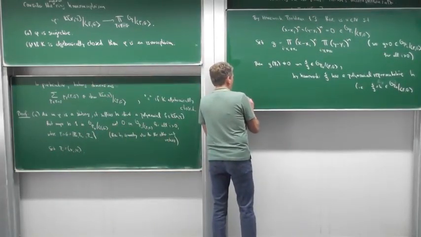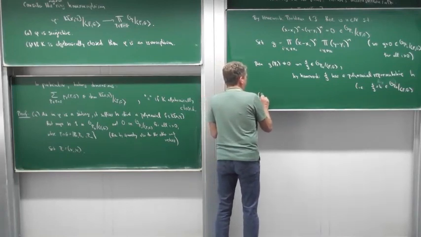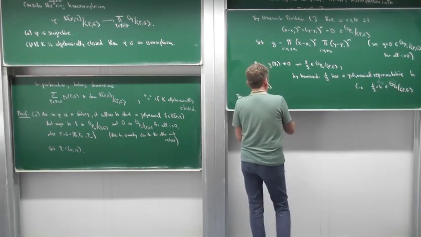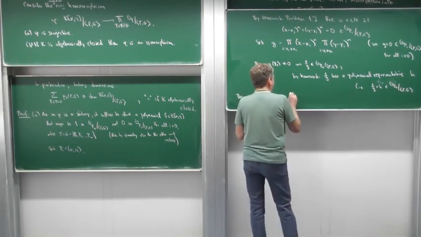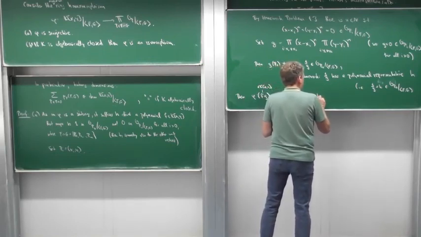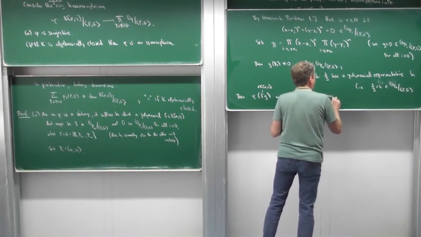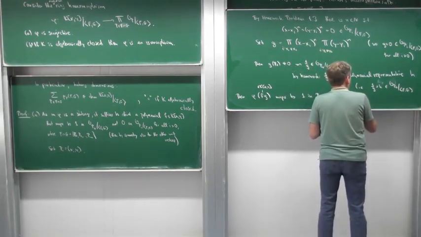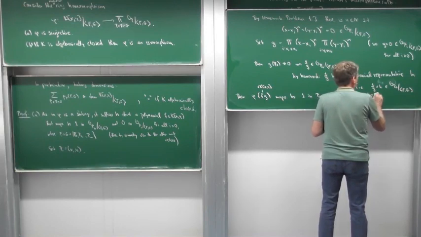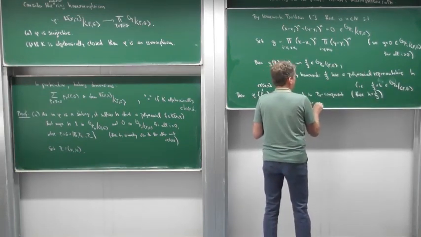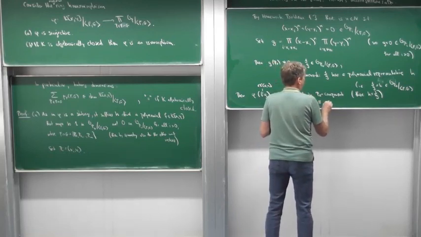Then phi of f times g, so that is a polynomial now, maps to 1 in the P0 component, because there h is 1 over g by construction, and it maps to 0 in all other Pi.